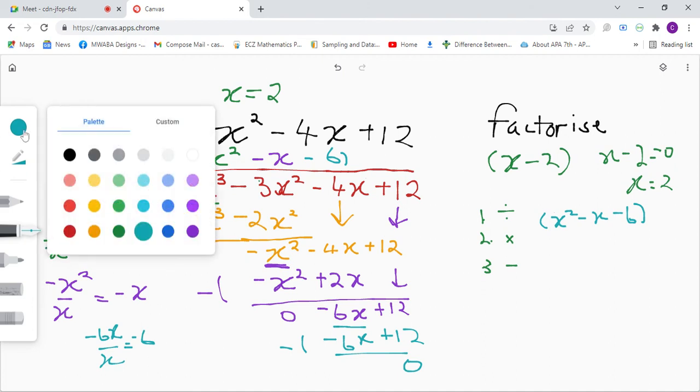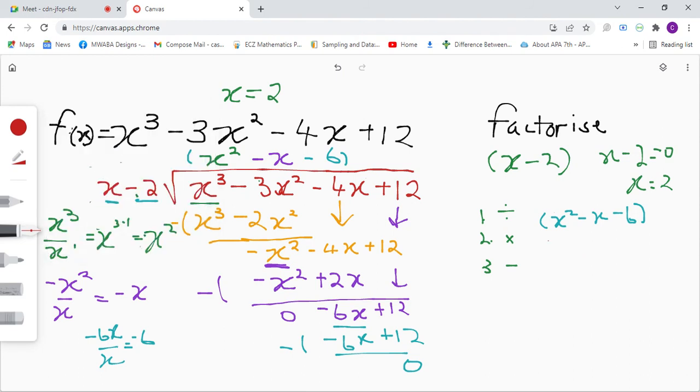Remember, in factorizing quadratic equations, always list your A, your B, and your C. A is the coefficient of the leading variable, which is x squared here, so the leading coefficient is 1.